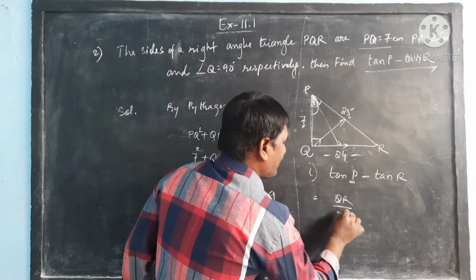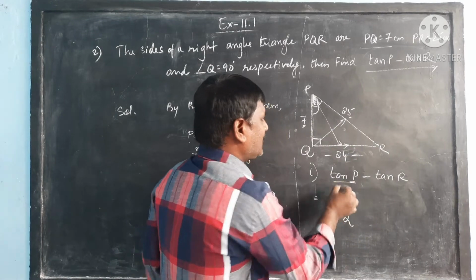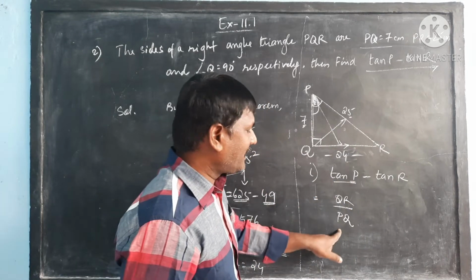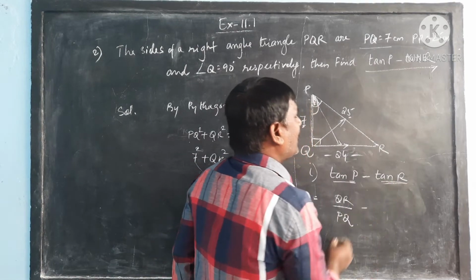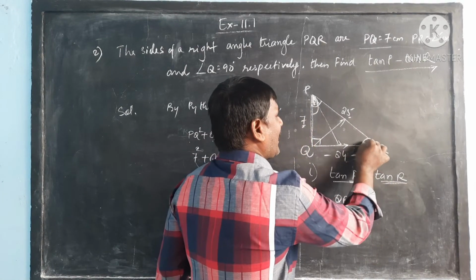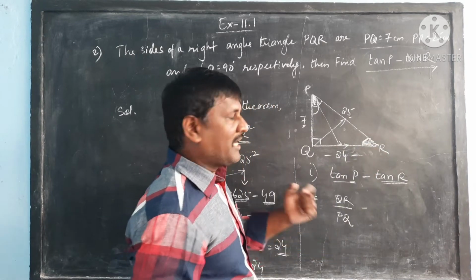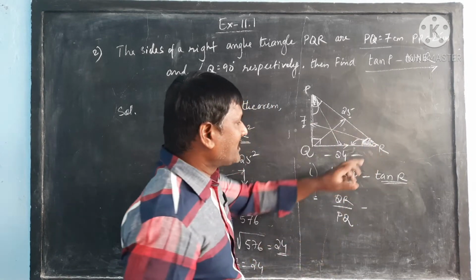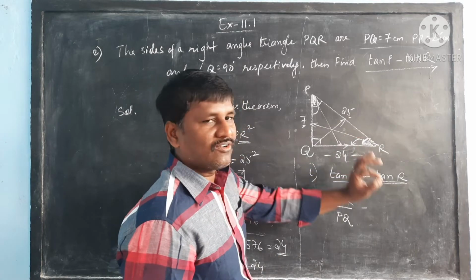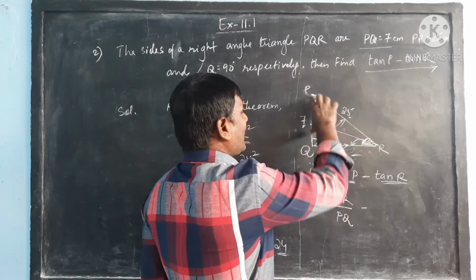That means tan P is equal to QR by PQ. Then write minus tan R. Now the reference angle is R. Tan R is again opposite by adjacent, the opposite side to angle R by the adjacent side to angle R. What is the opposite side to angle R? That is PQ.